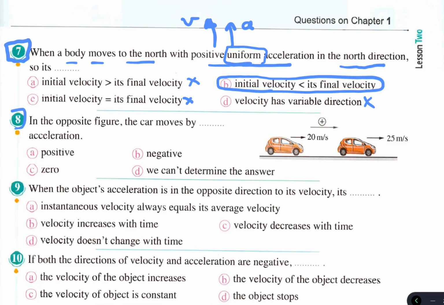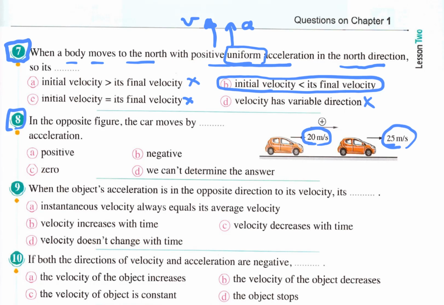Number 8: In the opposite figure, the car moves by... Hold on, this is the initial velocity, this is the final velocity. As you notice, the final velocity is larger than the initial velocity. Final velocity 25, initial velocity 20, and it moves toward the right in the positive direction.